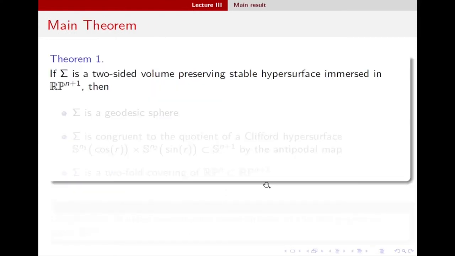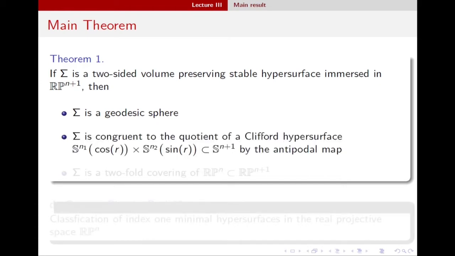So let's state our main result. Recall here that sigma is a two-sided immersed constant mean curvature hypersurface in the real projective space, and the key assumption here is that it is stable. According to our theorem, the possibilities are that sigma is a geodesic sphere, of course. Then the other possibility is the quotient of a Clifford hypersurface by the antipodal map.